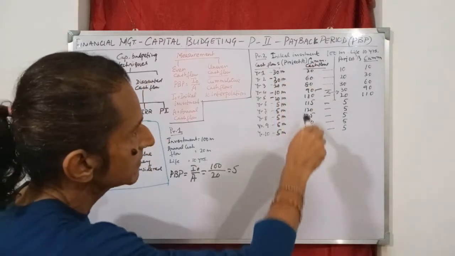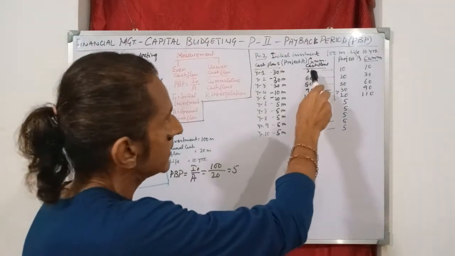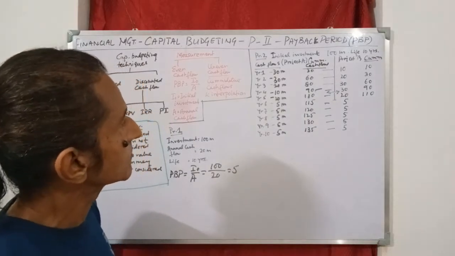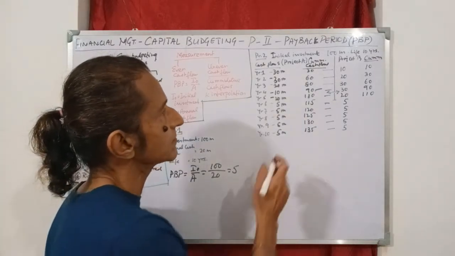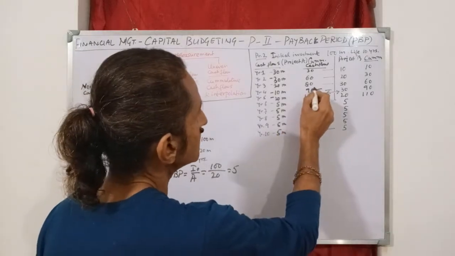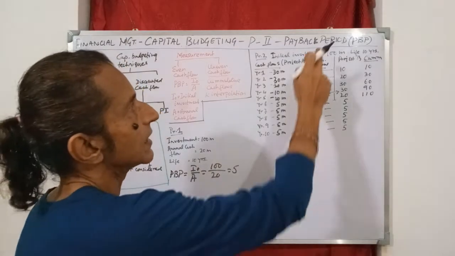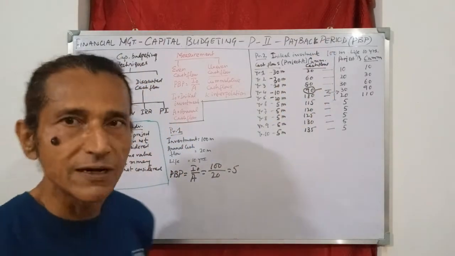So these are the cash flows in 10 years, and in this column, these are the cumulative cash flows. Now you can see, after the fourth year, 90 million is recovered and the initial investment is 100 million. So 10 million is left to be recovered.